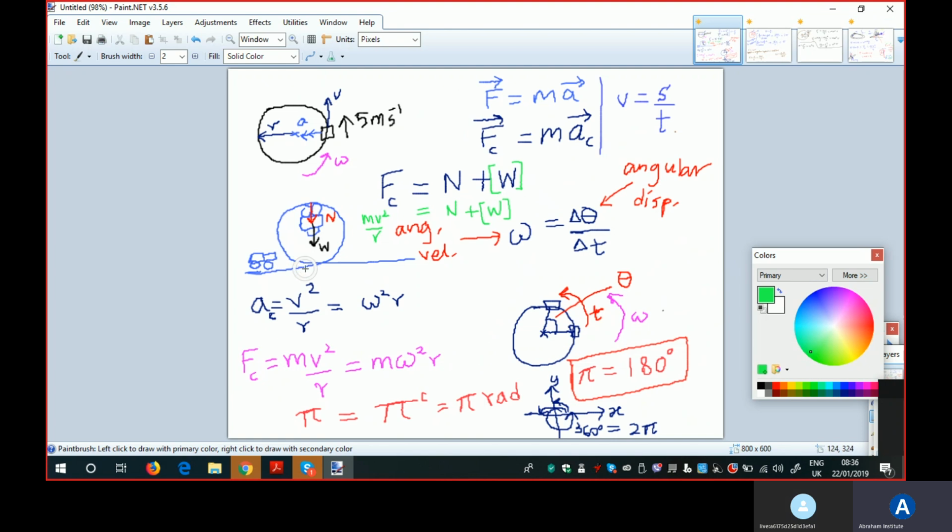Let's say it is moving in this path, and at this moment v is this way. r is the radius of this circular path.